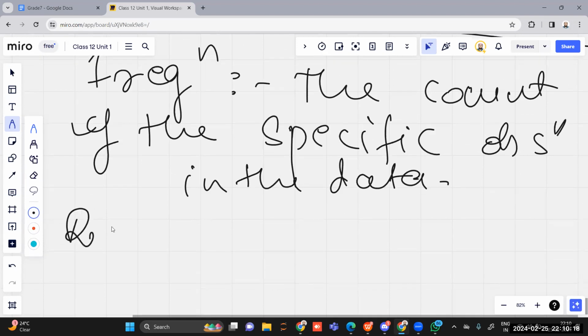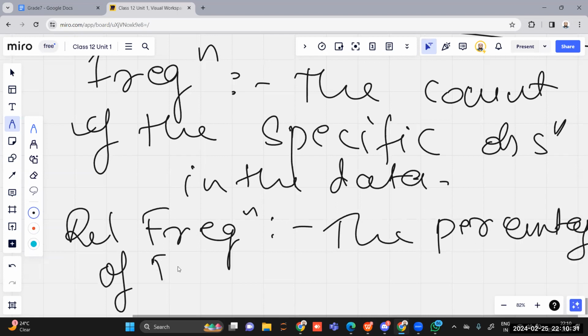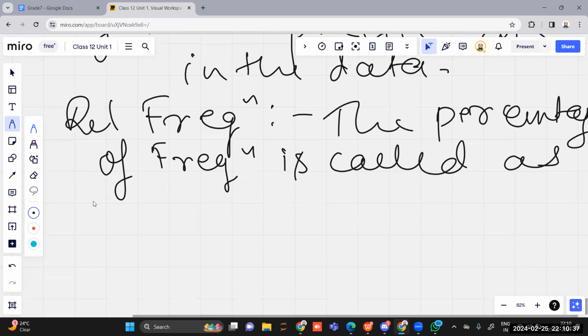Once again, relative frequency, if you remember, it's very simple, nothing rocket science in it. The percentage of the frequency is called relative frequency, RF.